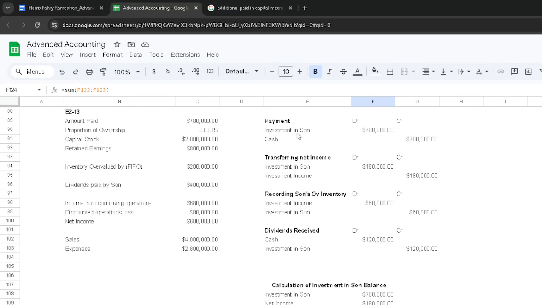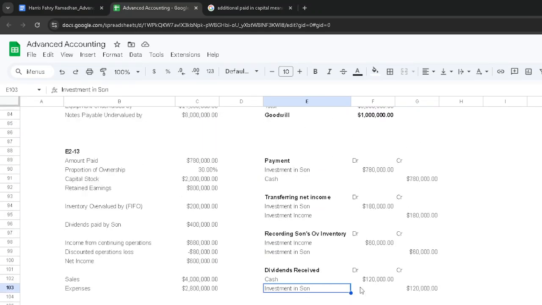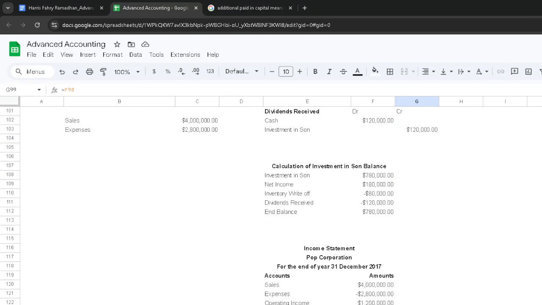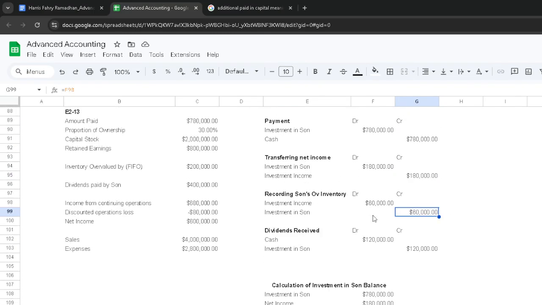If you notice here, there is an account called investment in Sun, and then this and this as well. What happens here is that the investment in Sun is being added to and deducted from, because there are other things that we need to assign to the investment in Sun account, such as the net income, and then the dividends paid, right?